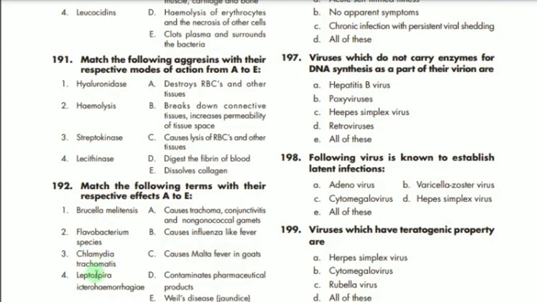Then we have Chlamydia trachomatis. This organism mostly causes A, trachoma, conjunctivitis and non-gonococcal urethritis. Then we have fourth, Leptospira, with hemorrhage. It is actually E, Weil's disease, or we can say jaundice.